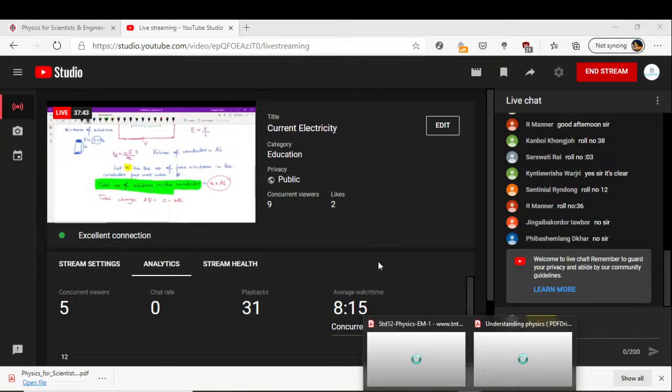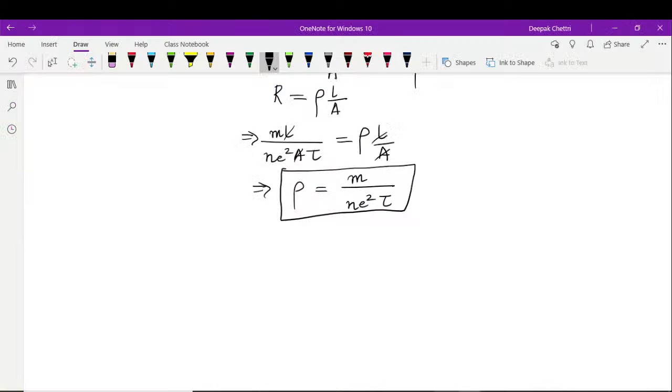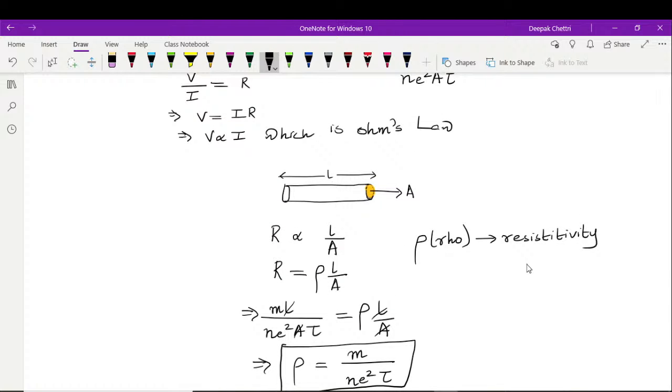Okay, so now moving on. So that is your resistivity. Rho is called the resistivity of the material.